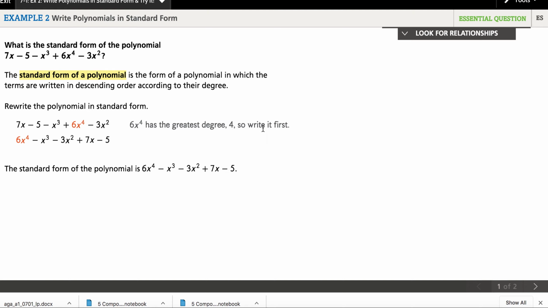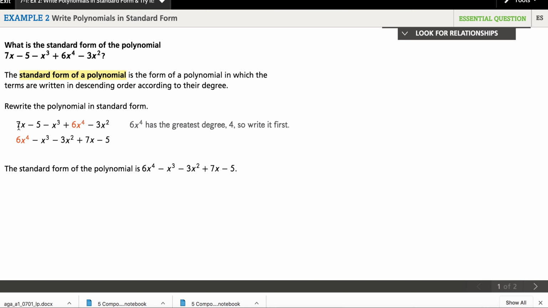So write it first. We write first in descending order. It goes from the largest exponent to the smallest exponent. 6 times x to the 4th power, minus the second one, x to the 3rd power. As you see here, x to the 3rd power. And the third one is negative 3x to the 2nd power.